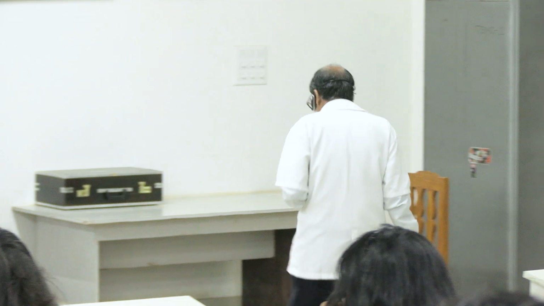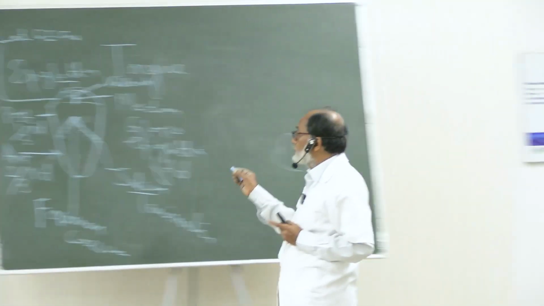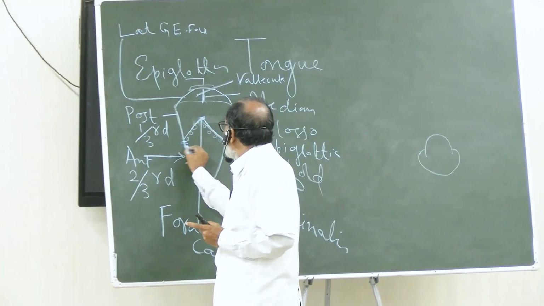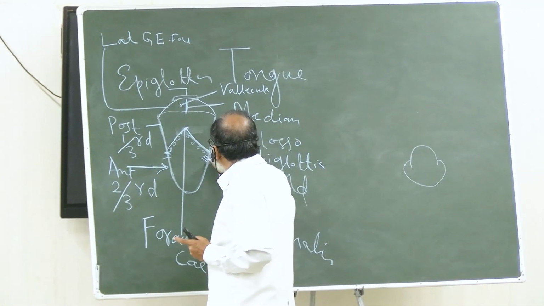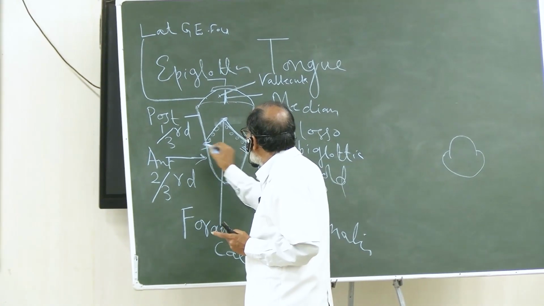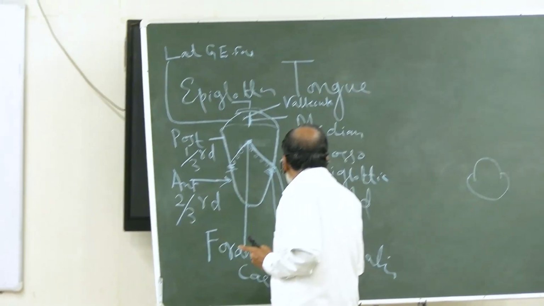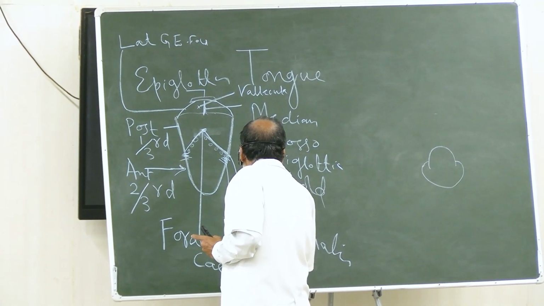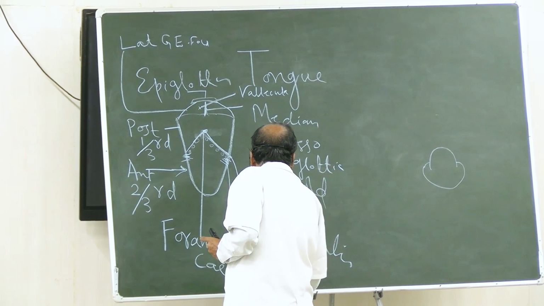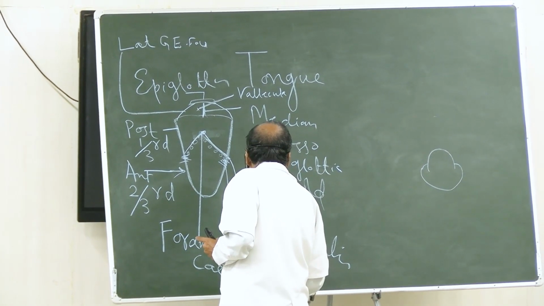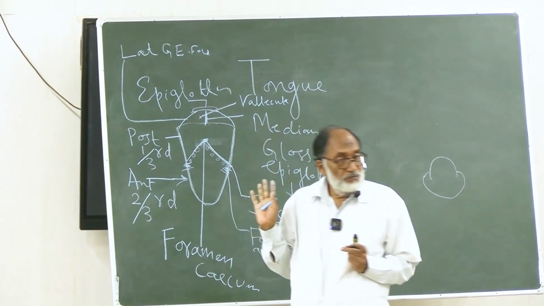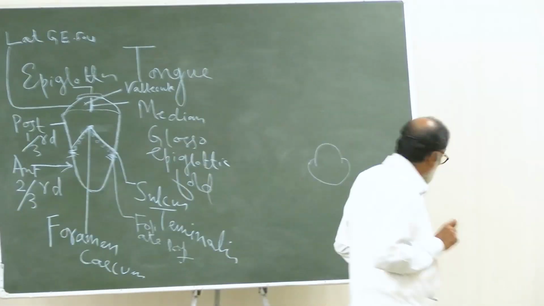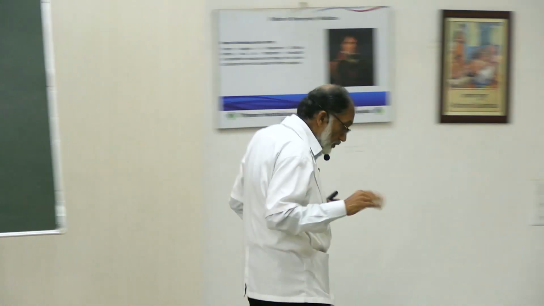There it is present as vertical folds, like this. It is called foliate papillae. Right.